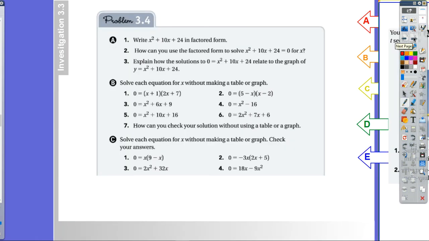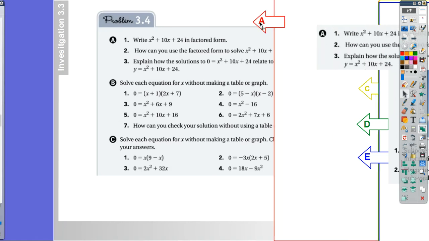All right, so in question A, write the expanded form expression into factored form, and then solve that expression. In question B, you have 6 problems, and notice how they're all equal to 0, so that makes things super convenient for us. And then finally for C, more solving. I believe we had a D, so we'll get to all of them.